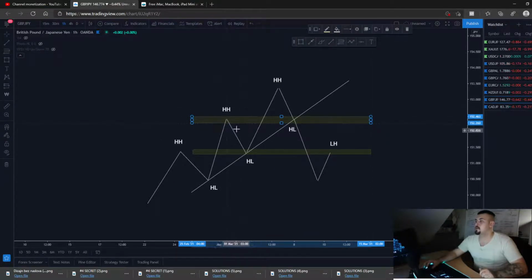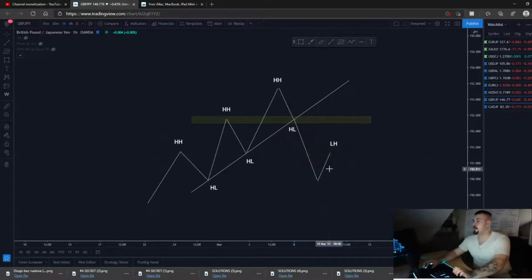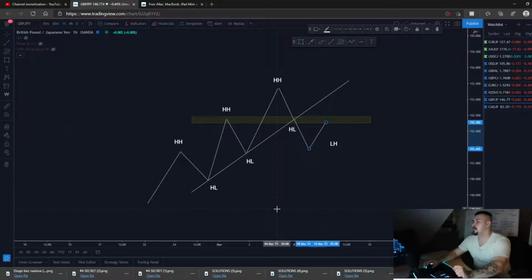This zone was used as a resistance of this higher high, higher low, and then the price broke out of this zone and used it as a new support, but hasn't respected it. And you, as a winning trader, again.